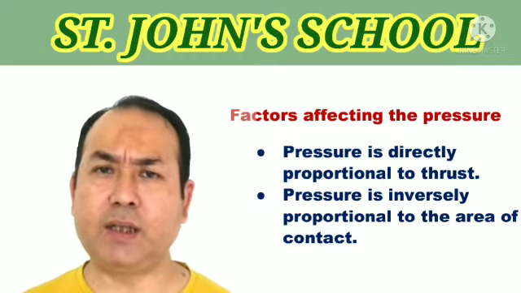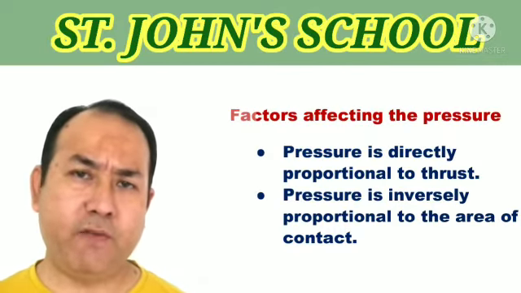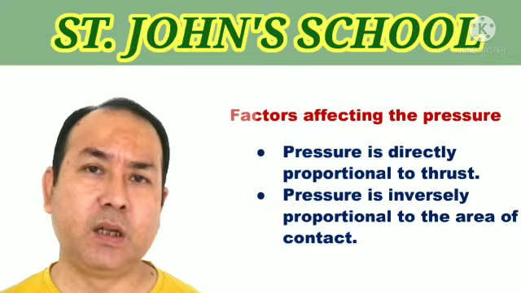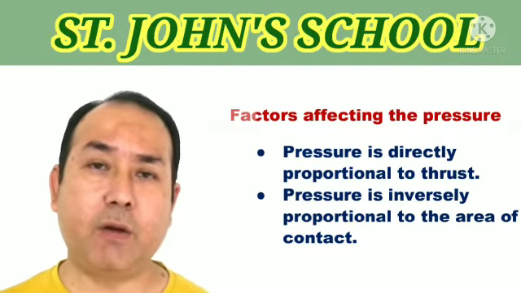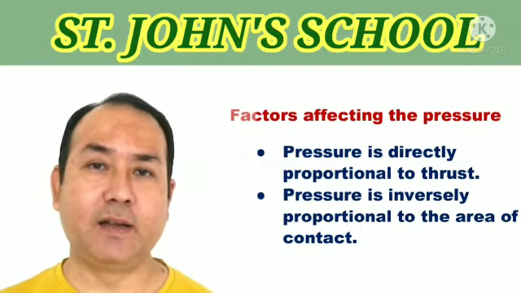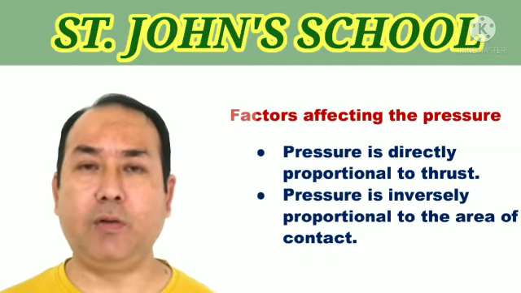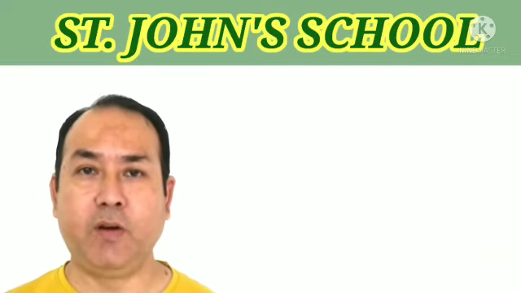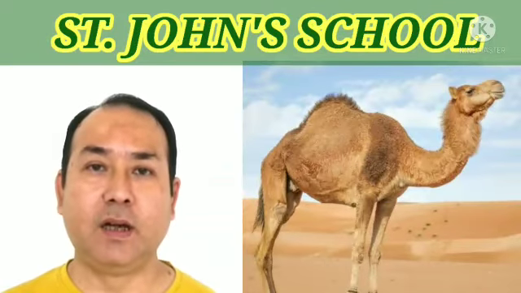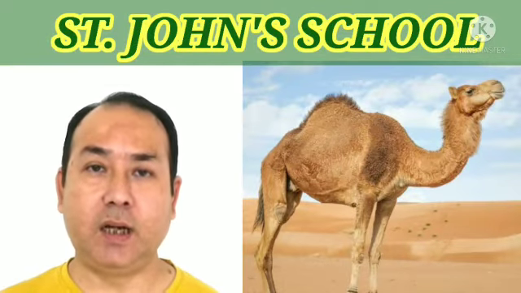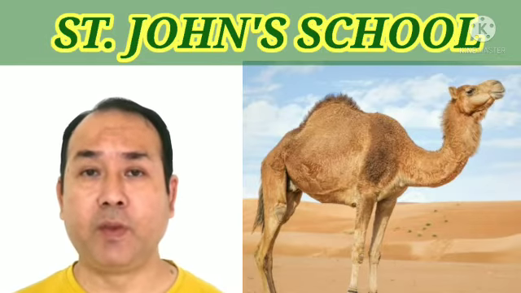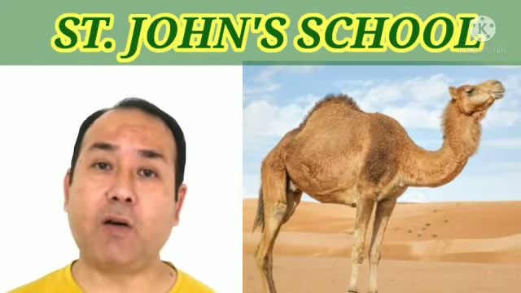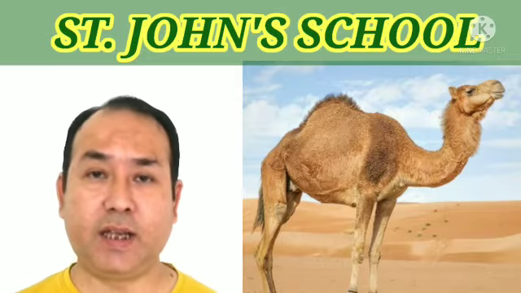From here we understand that pressure depends on two main factors. The first one is the thrust, the perpendicular force acting on the surface. The second one is the area of contact. You might have heard about the camel, which is also called the ship of the desert, because it has broad feet and can easily walk on the sand.